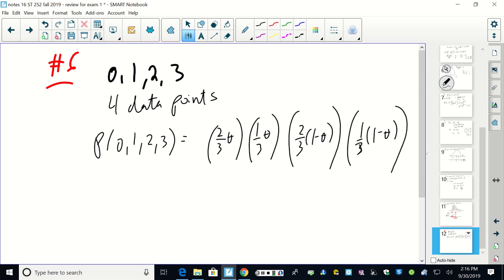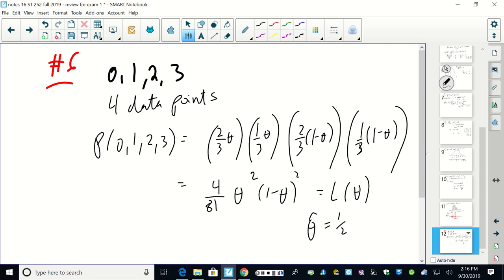And if you had one observation of each, that would be the likelihood. And you could combine things. So there's like 4 out of 81. You can actually multiply those together. There's a theta squared and a (1 minus theta) squared. And you use that as your likelihood for theta. And then you can take the logs, take a derivative and set it equal to 0, and you ended up with theta hat as 1/2.